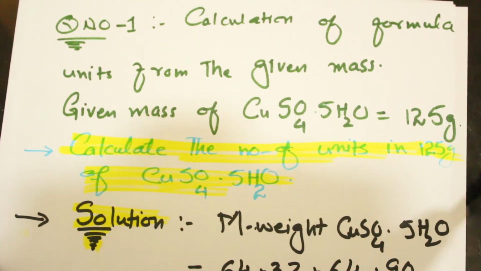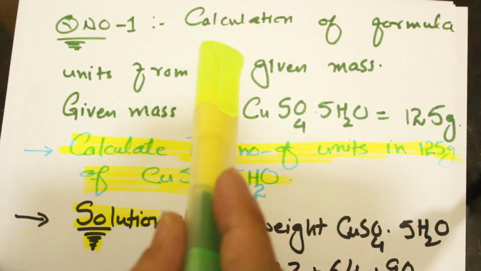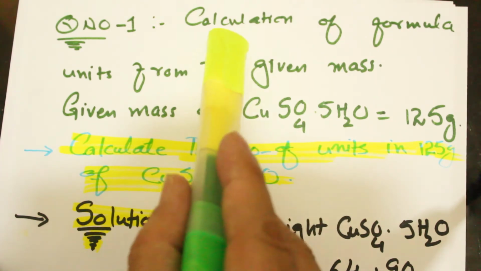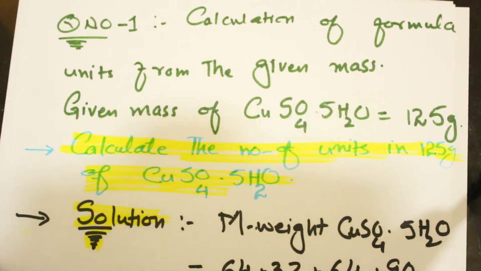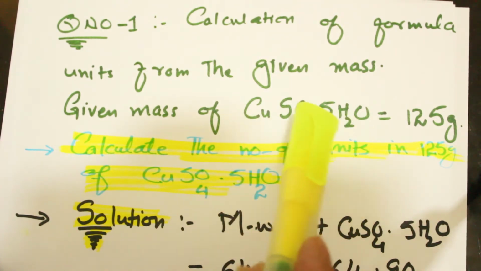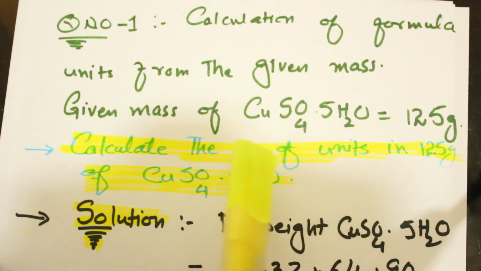So today we are going to discuss how to find the number of formula units from a given mass. So here you can see that the question is the calculation of formula units from the given mass. Here we have a particular substance, hydrated copper sulfate, and this is its formula.